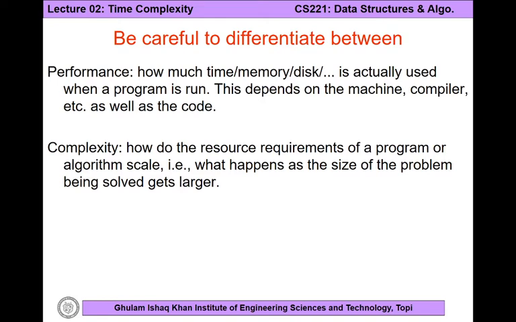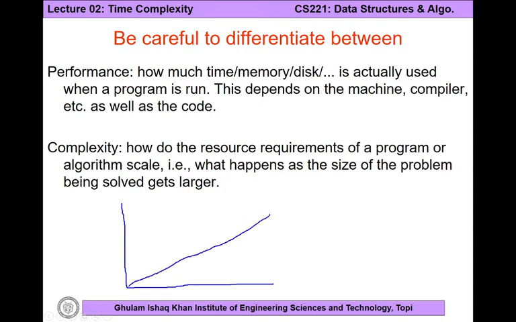Performance is the amount of time and space which an algorithm consumes while executing, whereas complexity refers to the scalability of the algorithm in terms of its time and space requirements as the size of the input grows. So complexity refers to the scalability of an algorithm.